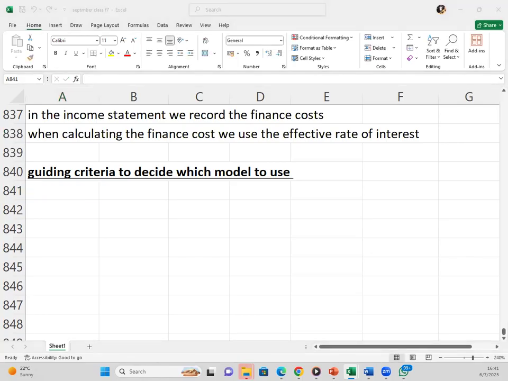In order to determine the model to use, there are two tests that you can make use of.